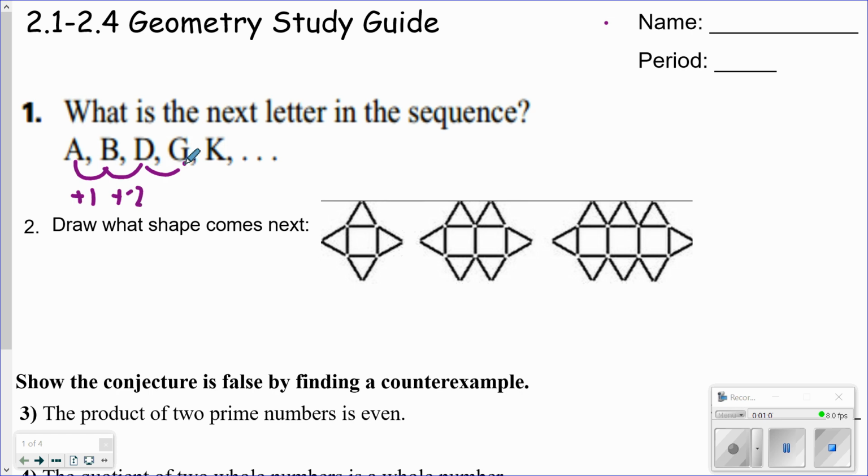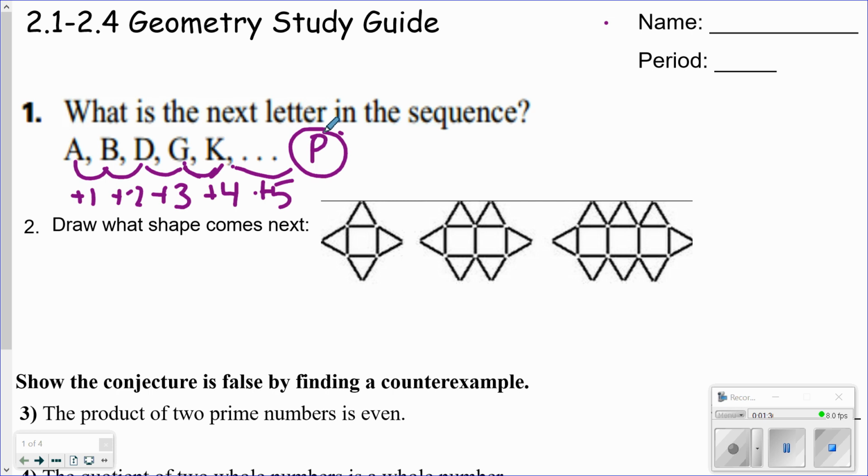D to G: D, E, F, G. That's 3 letters. And then G to K: G, H, I, J, K. That was 4 letters, which means we're going to have to add 5 letters to K. So K, L, M, N, O, P. So P is going to be our answer.